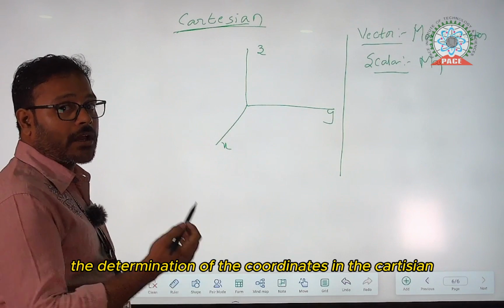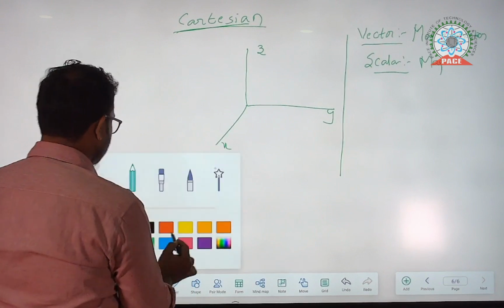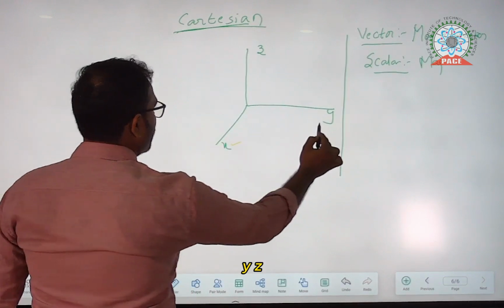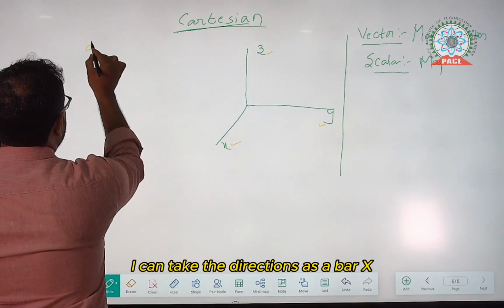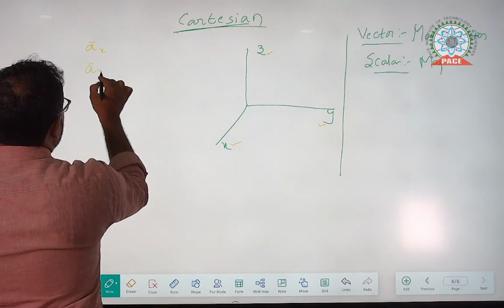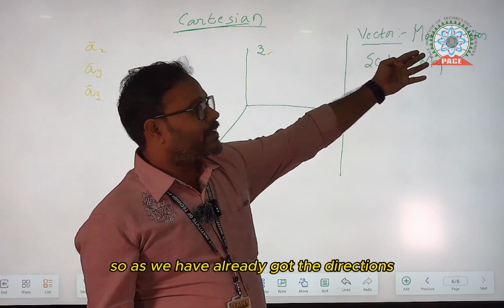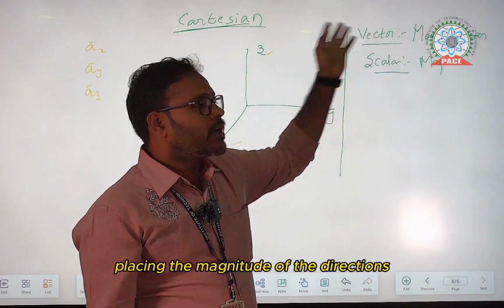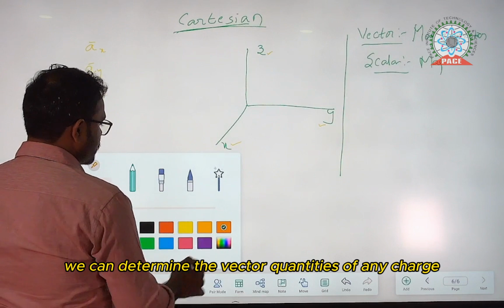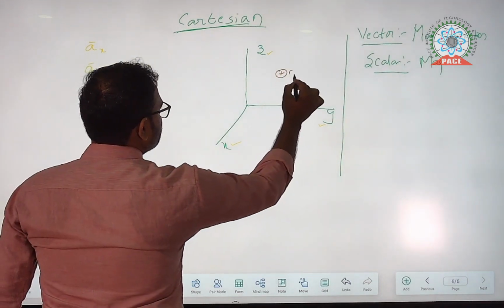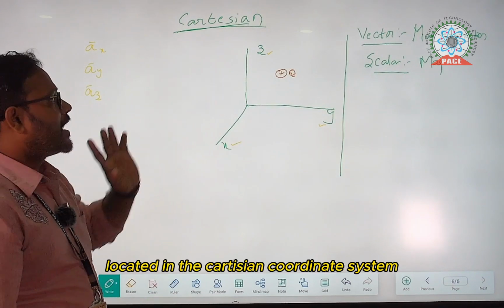Let's see the determination of the coordinates in the Cartesian. Just now we said it is x, y, z. As the name itself indicates, I can take the directions as a bar x, a bar y, a bar z. So as we have got the directions, placing the magnitude at the directions, we can determine the vector quantities of any charge located in the Cartesian coordinate system. There is a charge q located in the Cartesian coordinate system.